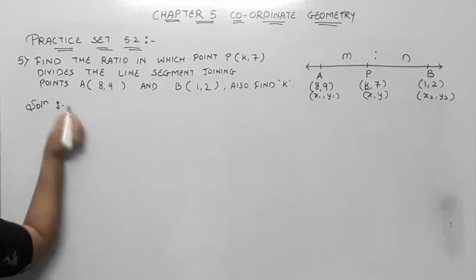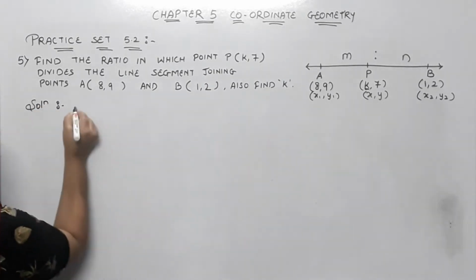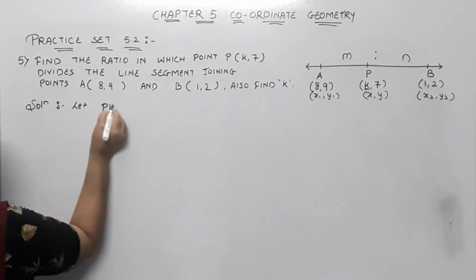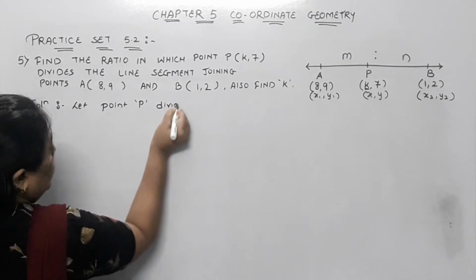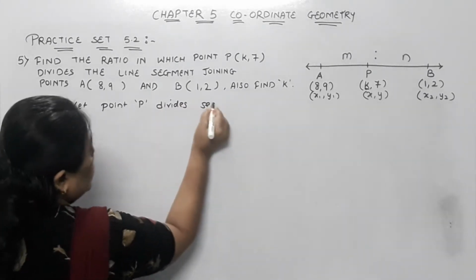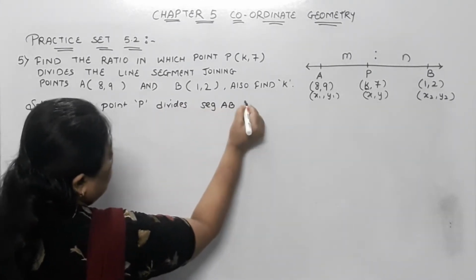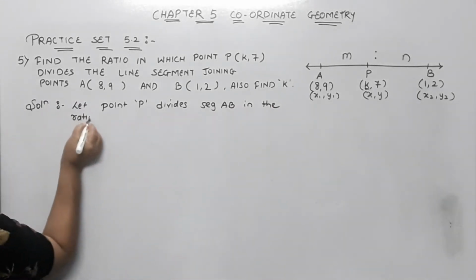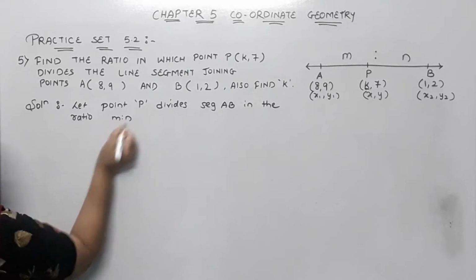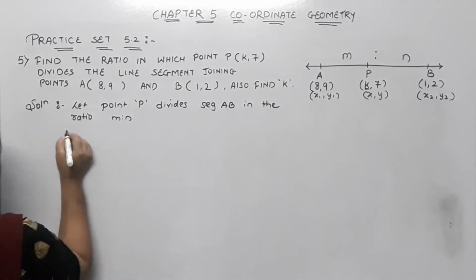See how to write. Let point P divide seg AB in the ratio m is to n, right?